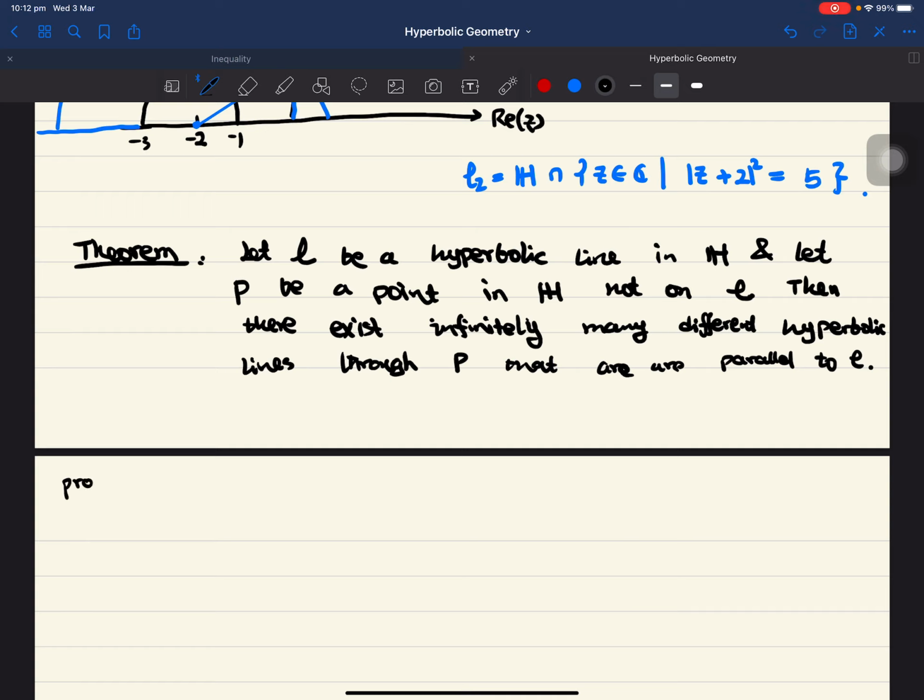The proof will be really similar to the exercise we have. Proof, case 1.